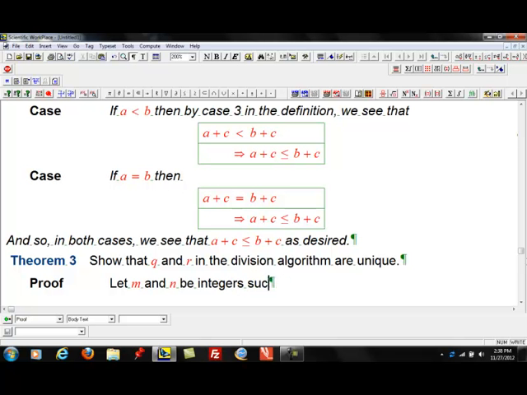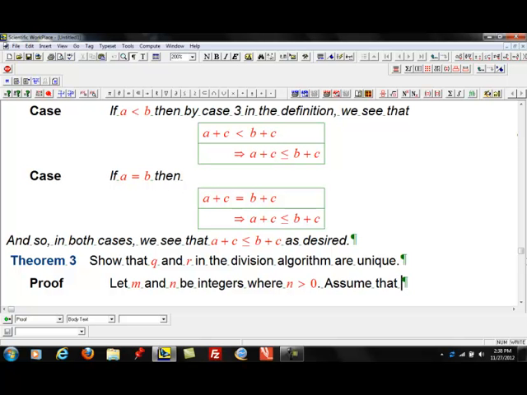And are they positive integers? If m and n are integers and n is positive, now here we're going to assume that there's 2 sets of these q's and r's, so let's call them q1 and r1 and q2 and r2.